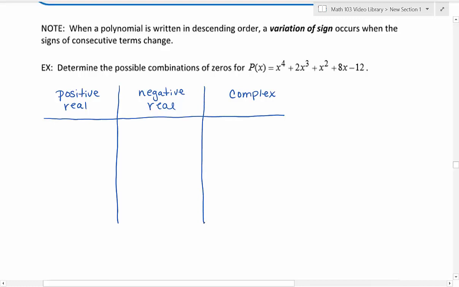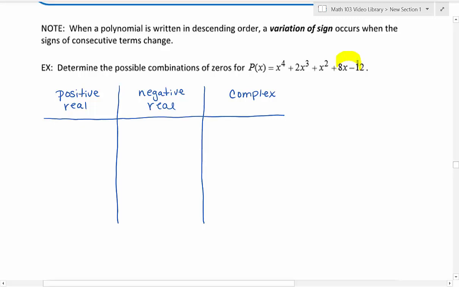Descartes' rule of signs says that the number of positive real zeros is equal to the number of sign variations in p of x or less than that by a multiple of 2. So let's take a look at p of x. How many times does it switch from plus to minus or minus to plus?